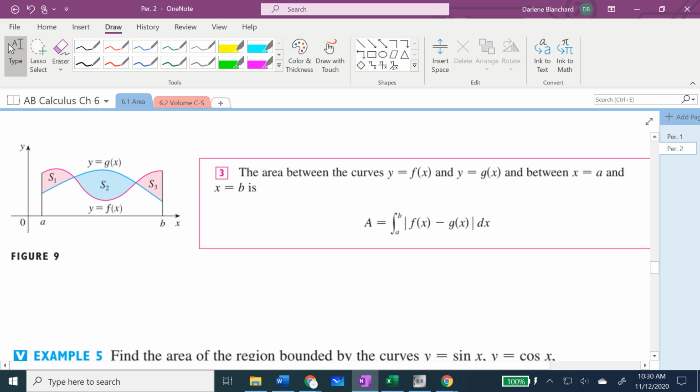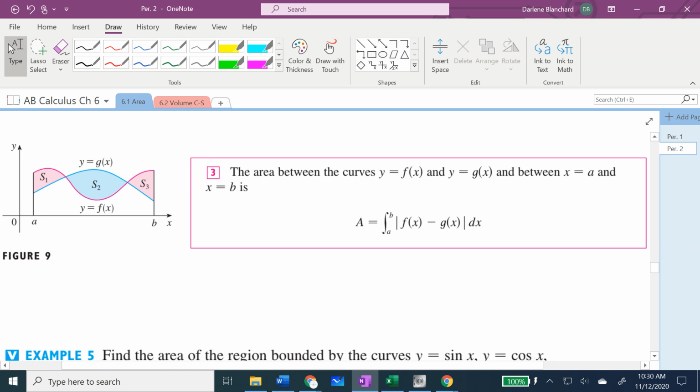All right. Sometimes you are asked to find area between two curves, but they intersect while you are within the X range that you're working with. Now, technically, if you just absolute value their difference, that is going to find the correct area.